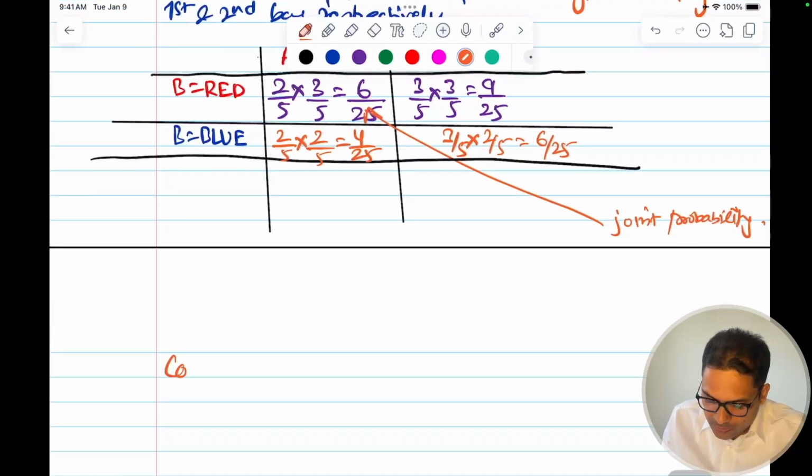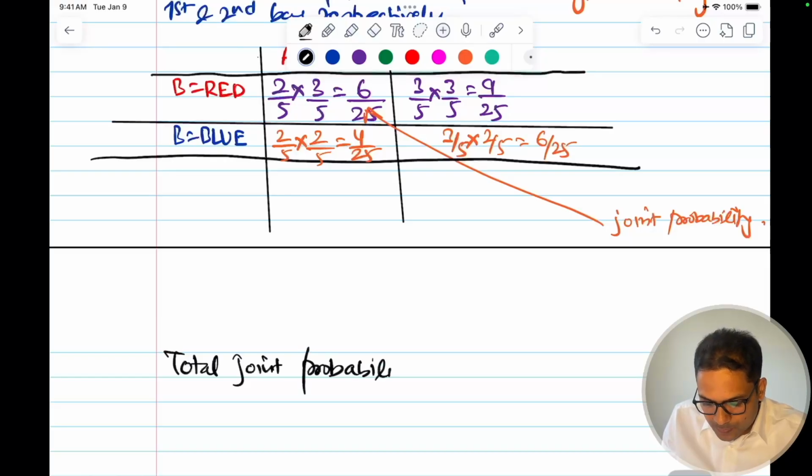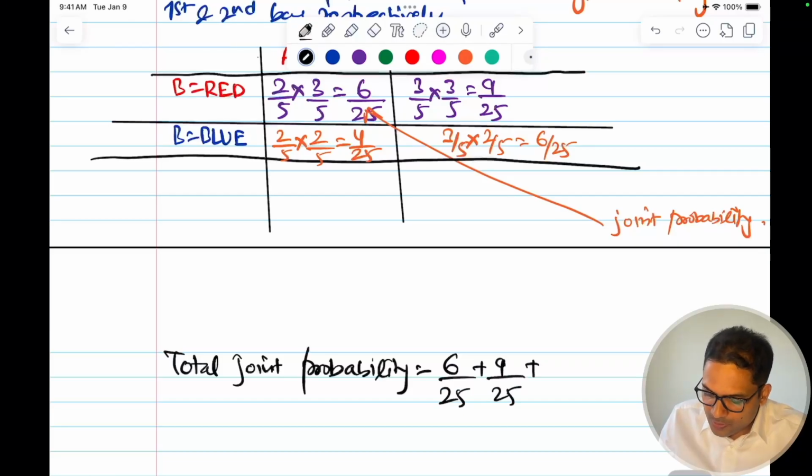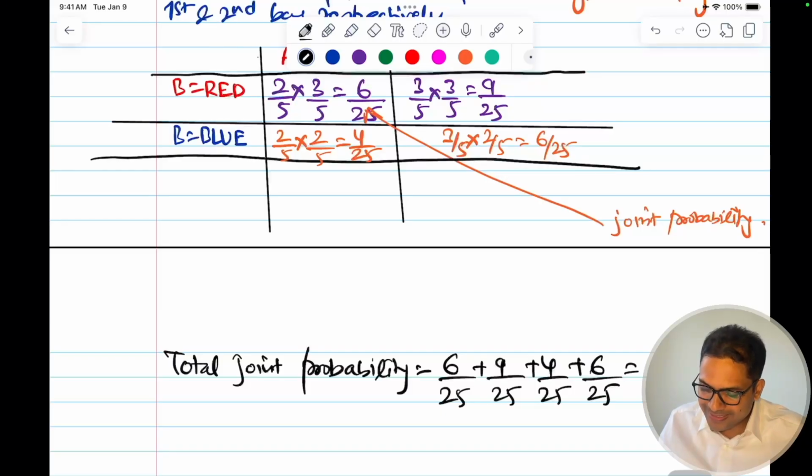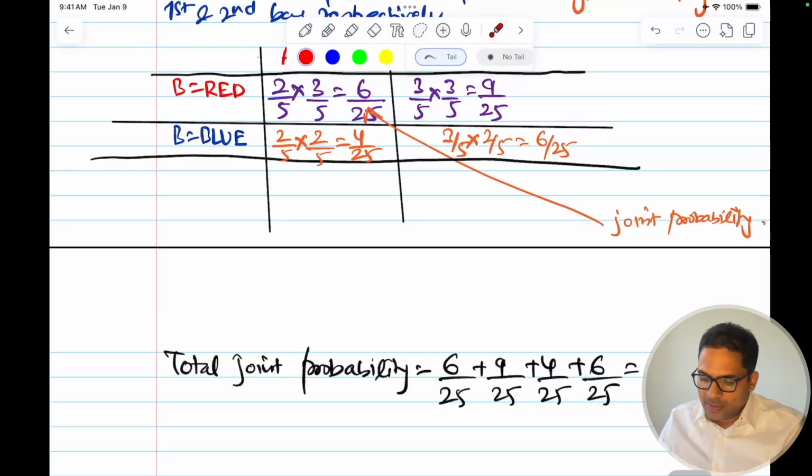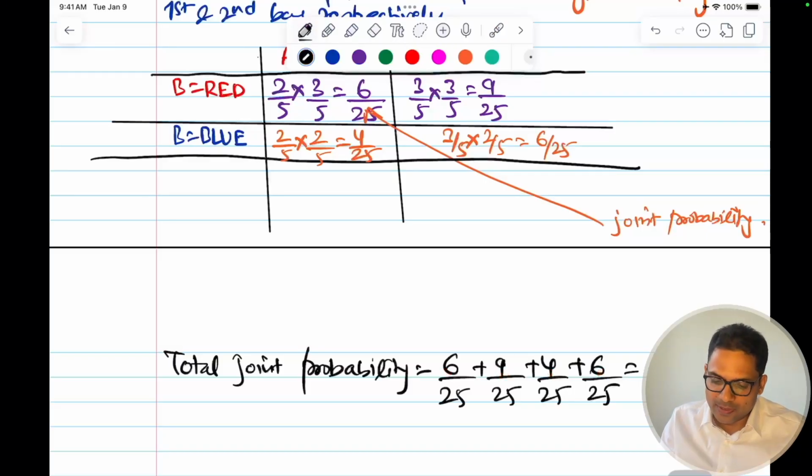So the combined total joint probability is equal to 6 by 25 plus 9 by 25 plus 4 by 25 plus 6 by 25. Let's see. 6 plus 9, 15 plus 4, 19 plus 6, 25. This is equal to 25 by 25. This is equal to 1.